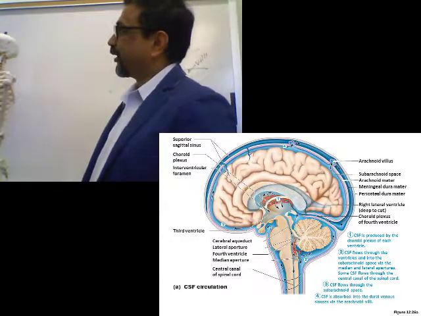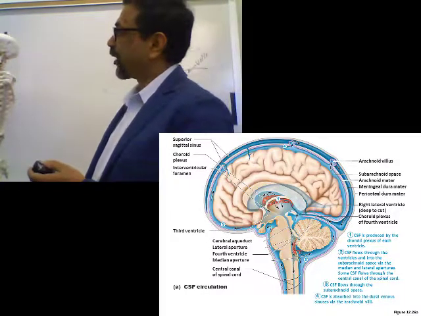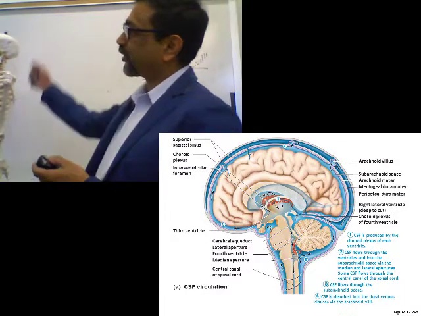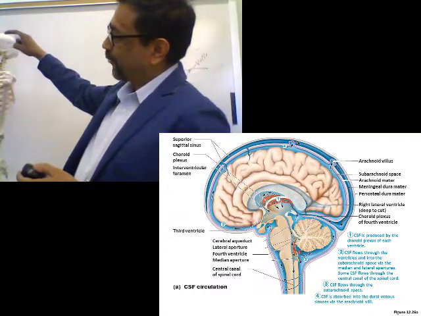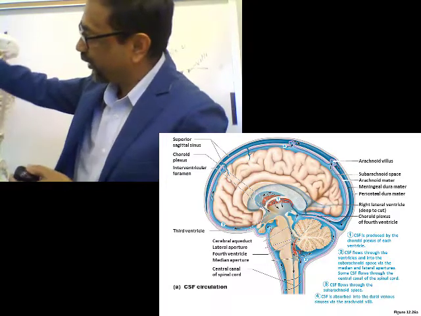Cerebrospinal fluid goes from the ventricles to the subarachnoid space, and from the subarachnoid space, the cerebrospinal fluid can enter into the ventricles.